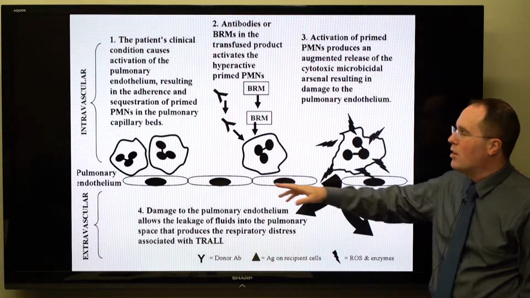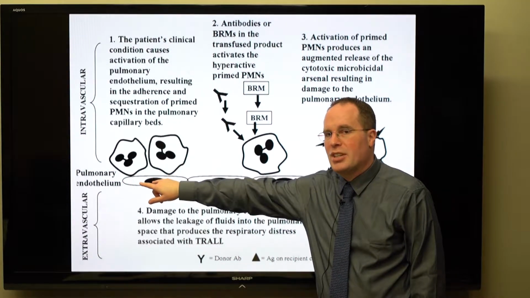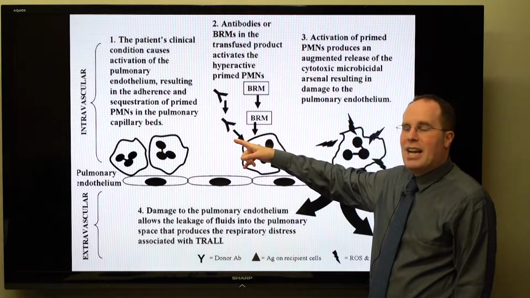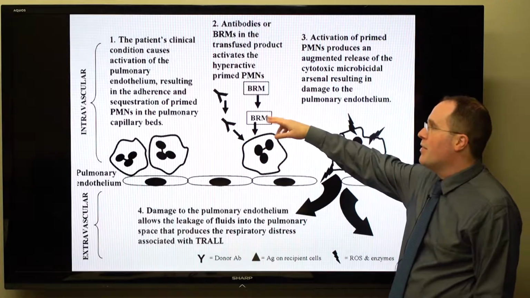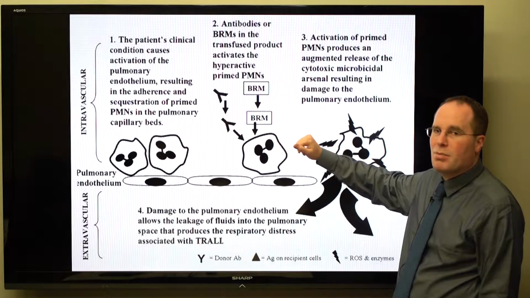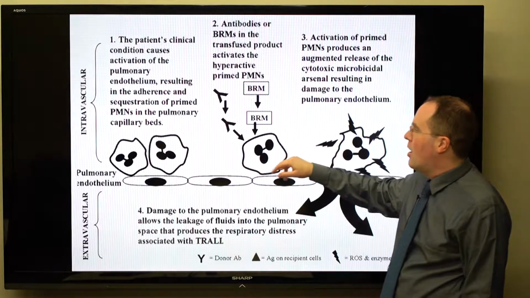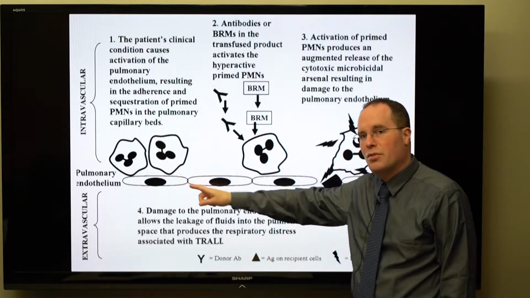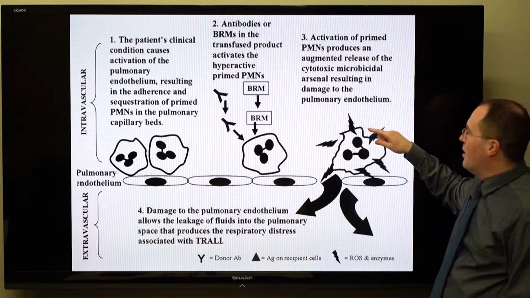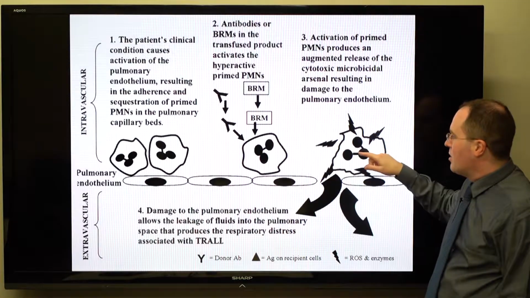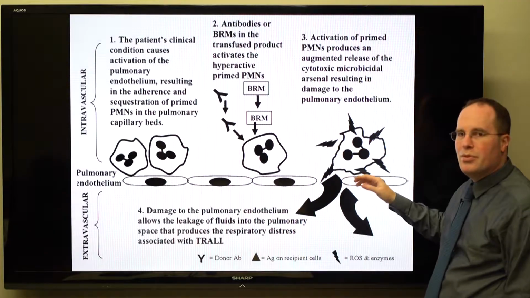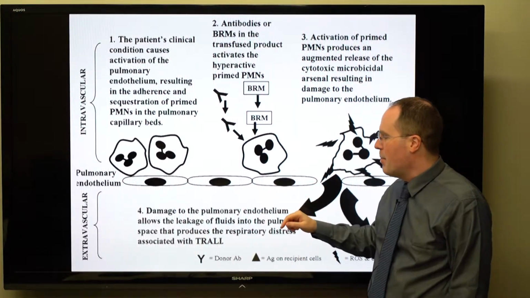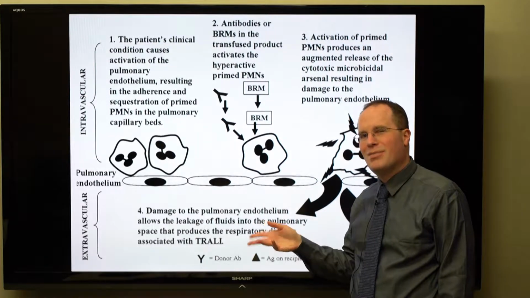So, long story short, neutrophil priming from a patient condition in most cases, HLA or HNA antibodies causing the step two, or if it's non-immune TRALI, some biologic response modifiers that further stimulate these adherent and sequestered neutrophils, and then that causes the reactive oxygen species to be released by these little lightning bolts, like Thor, and then you have pulmonary endothelial damage and then leakage of fluid into the lungs, causes TRALI.